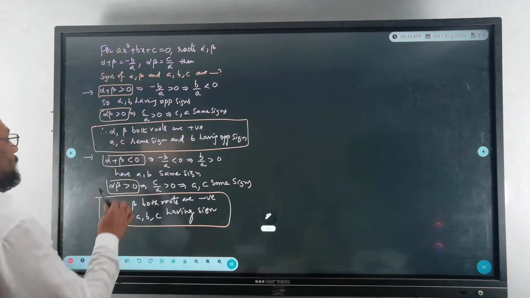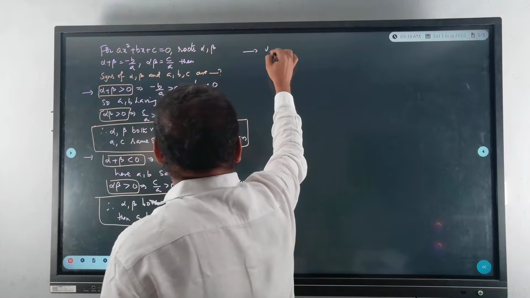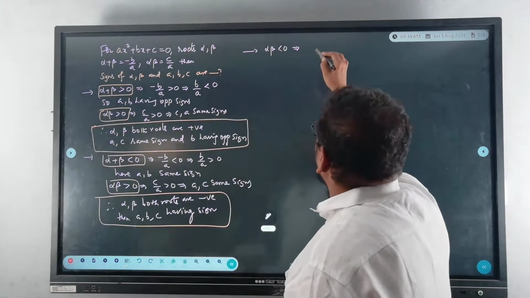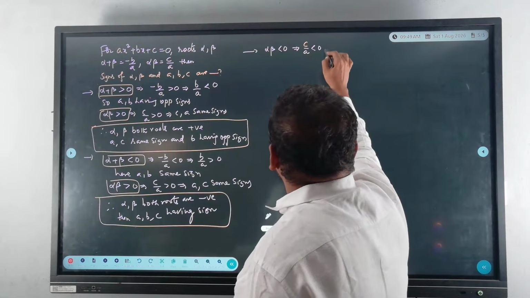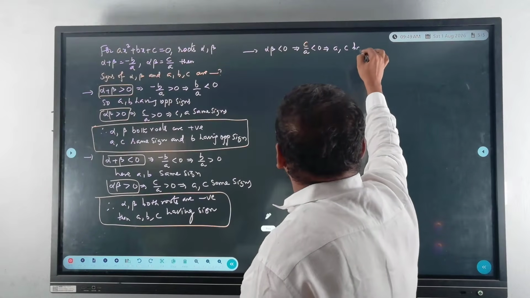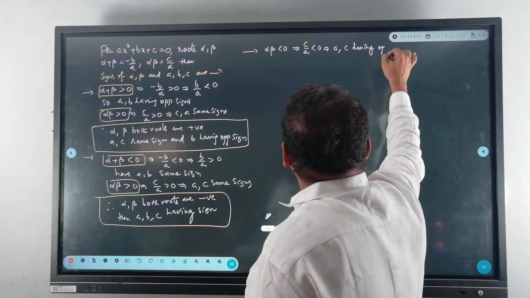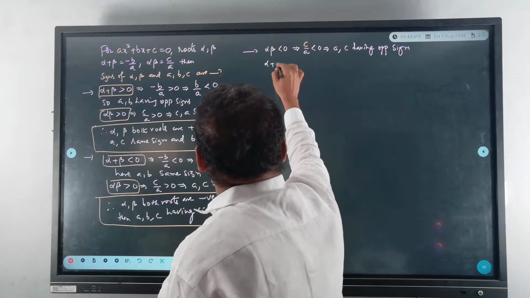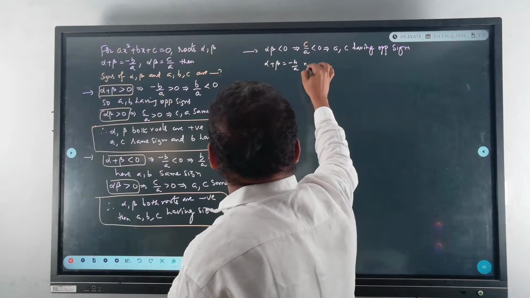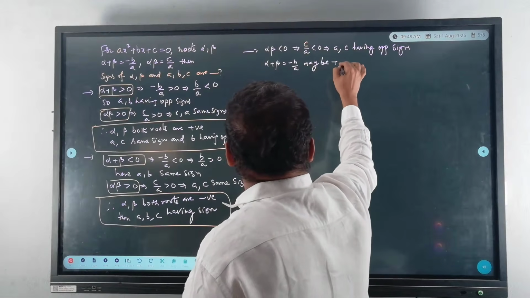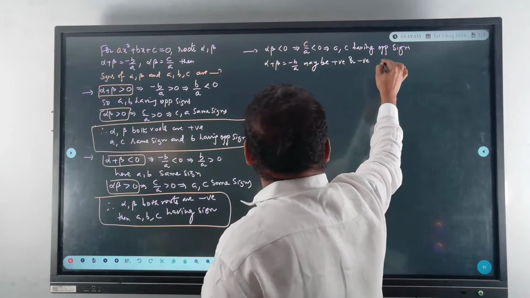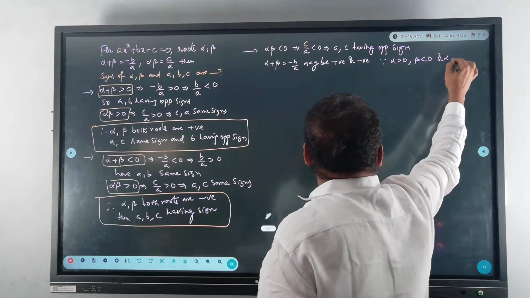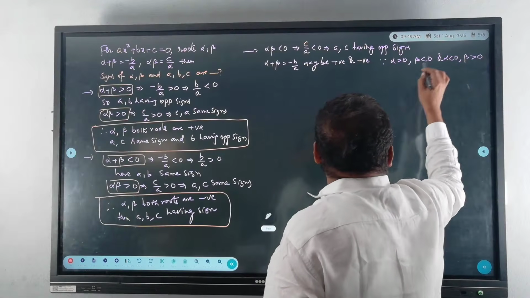So next, alpha beta negative, so that implies c by a negative, that implies a comma c having opposite signs. So alpha plus beta, minus b by a, may be positive or negative, since alpha greater than 0, beta less than 0, or alpha less than 0, beta greater than 0.